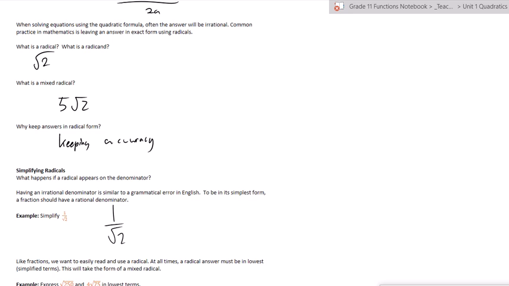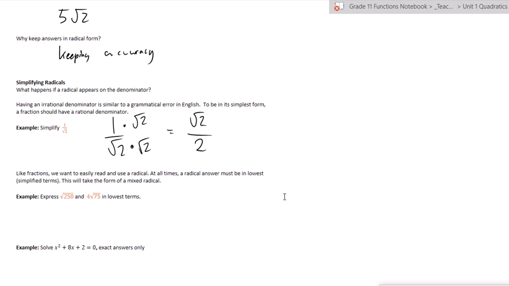So if you ever encounter a radical in the denominator, you multiply your denominator and numerator by that radical. So 1 times root 2 is root 2 on the numerator. And here, root 2 times root 2, remember that a root times itself cancels the root, so that must be 2. So root 2 over 2 is the same as 1 over root 2. We just prefer to have rational denominators.